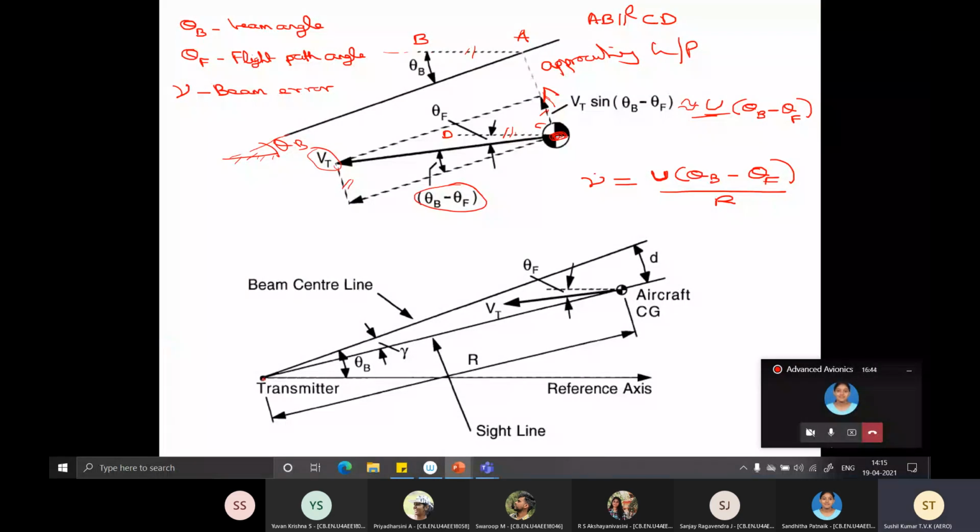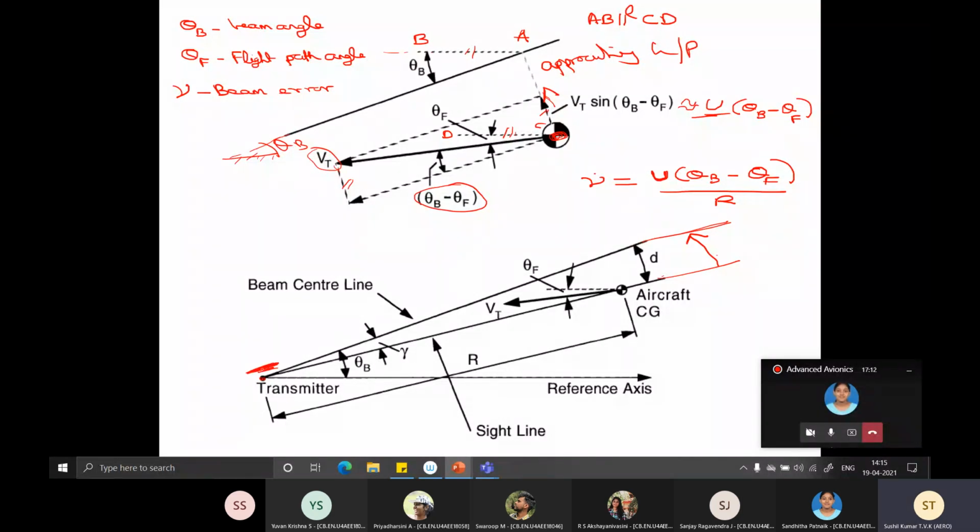our intention is that this aircraft should reach the beam angle. Okay, this is our aim. You might find this very difficult to understand, but when we do calibration of the localizer or glide path, we actually keep a telescope.